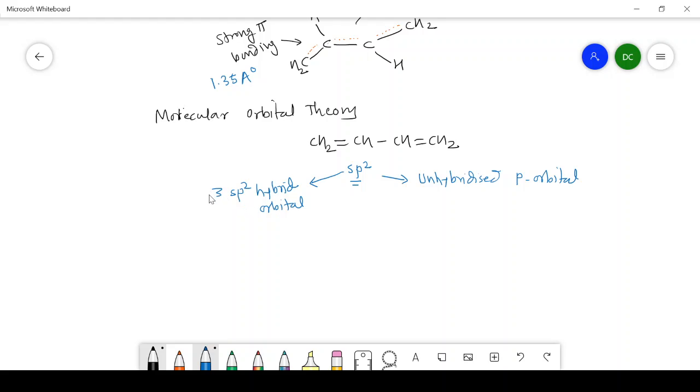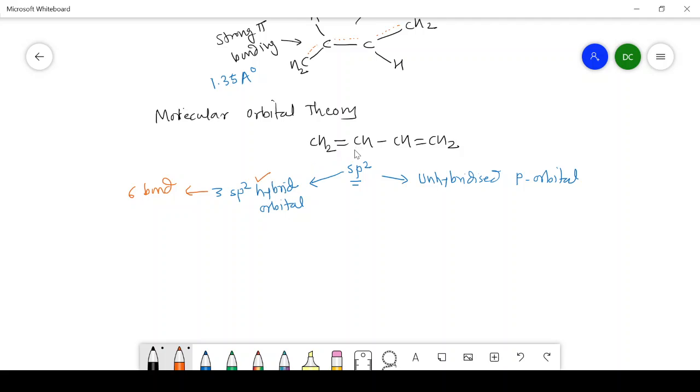Now these 3 sp2 hybrid orbitals are involved in the sigma bond formation. Suppose this is the carbon, it is a terminal carbon, then it will form a sigma bond with two hydrogen and one carbon. It is due to the sp2 hybrid orbital.